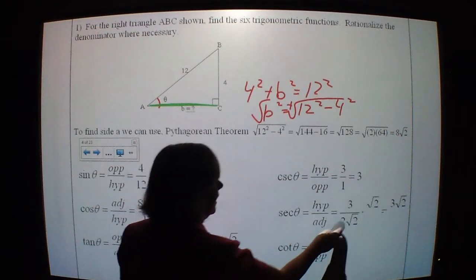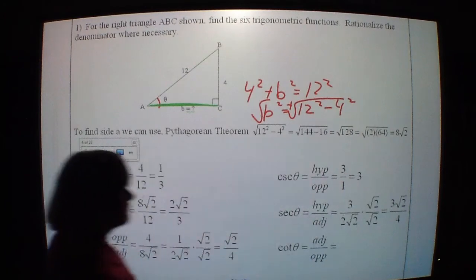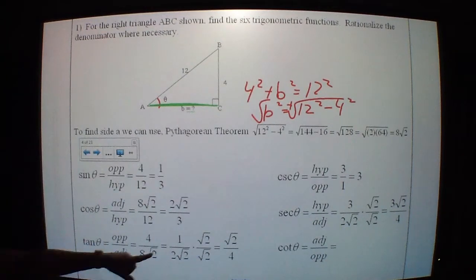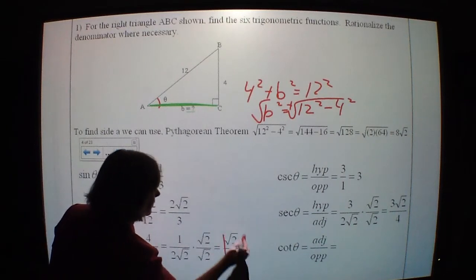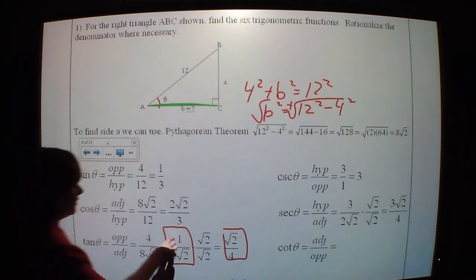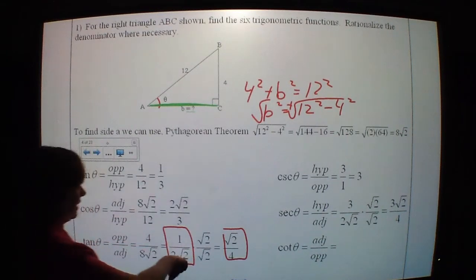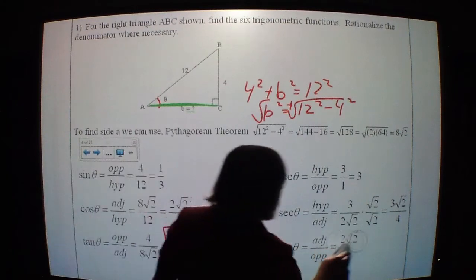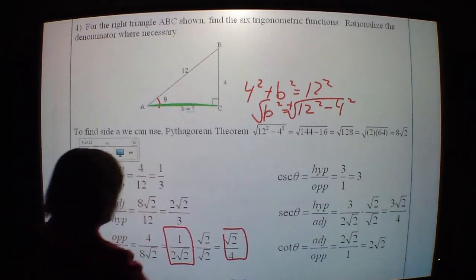And on the bottom, I have 2 times radical 2 times radical 2 gives me 4. And then if I was doing cotangent, I would not take the reciprocal of this here. I would take the reciprocal of that right there. Because then there's no rationalizing of a denominator, because the denominator is going to be on top. So that's what I would do. So you end up with 2 radical 2.